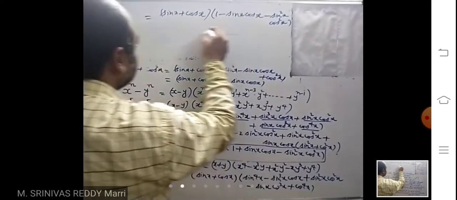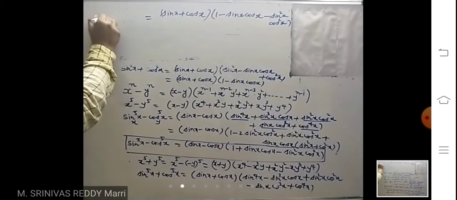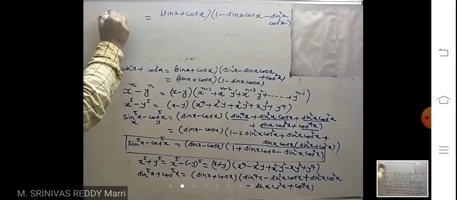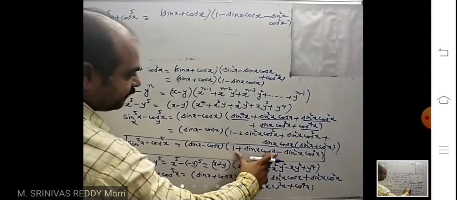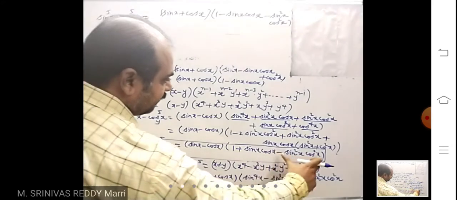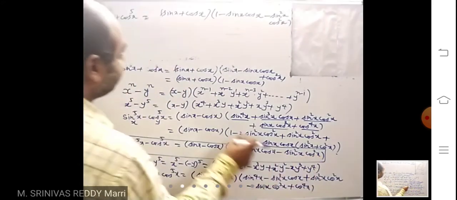this is the formula for sin power 5x plus cos power 5x. Look here, sin power 5x minus cos power 5x is nothing but sin x minus cos x into 1 plus sin x cos x minus sin square x cos square x.